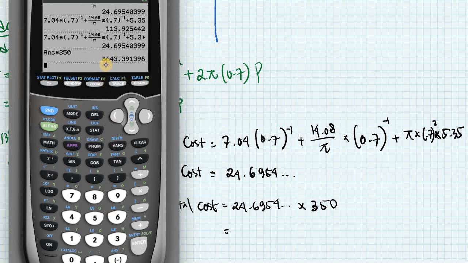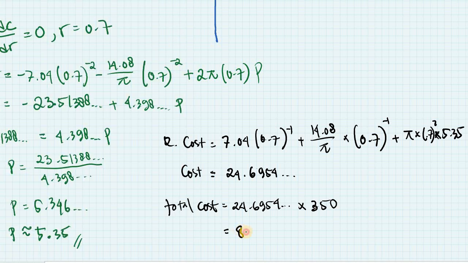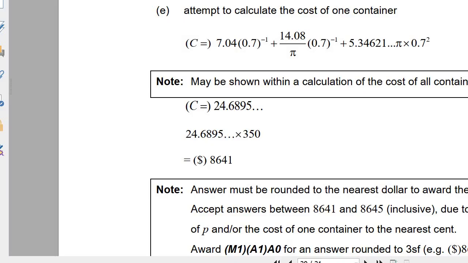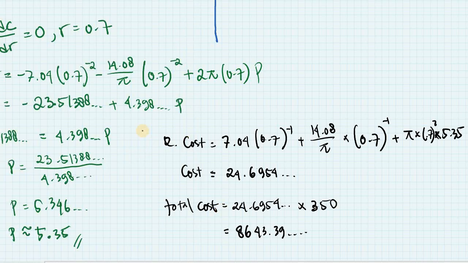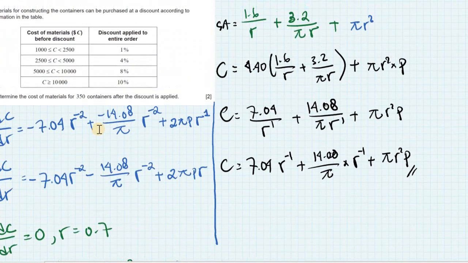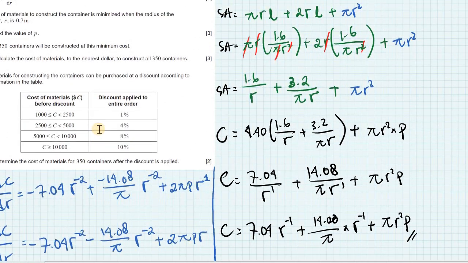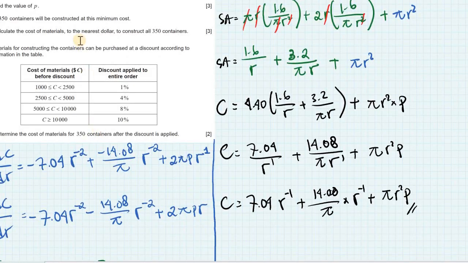We have 8,643.39 and so on. Let's check whether we are correct. Oh, the question says to make it to the nearest dollar, right? Yep, to the nearest dollar.